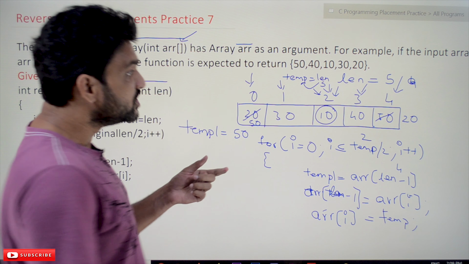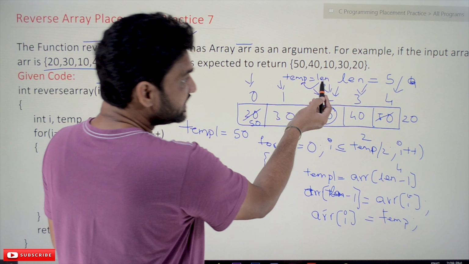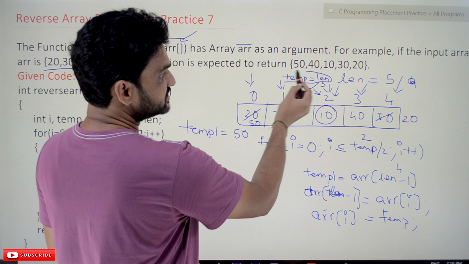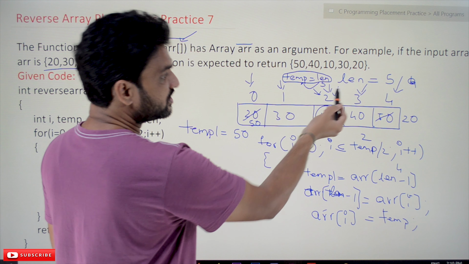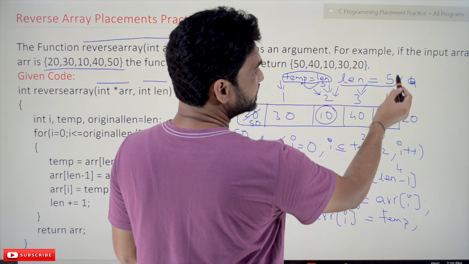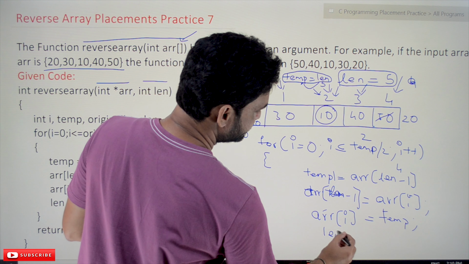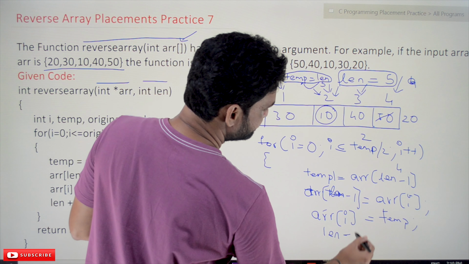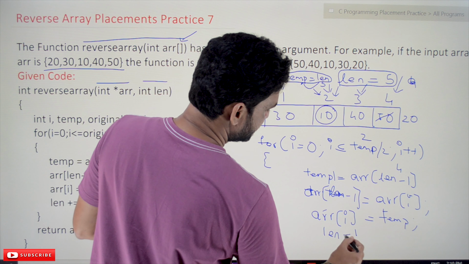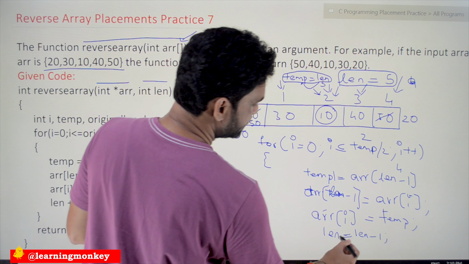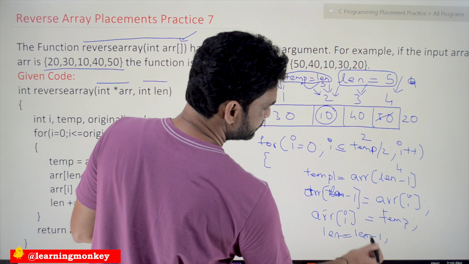Next what we have to do, we have to decrement the length. So this is the temporary variable that we have taken, and this length ln has to be decremented. So ln is equal to ln minus 1, or it can be ln minus equal to 1.